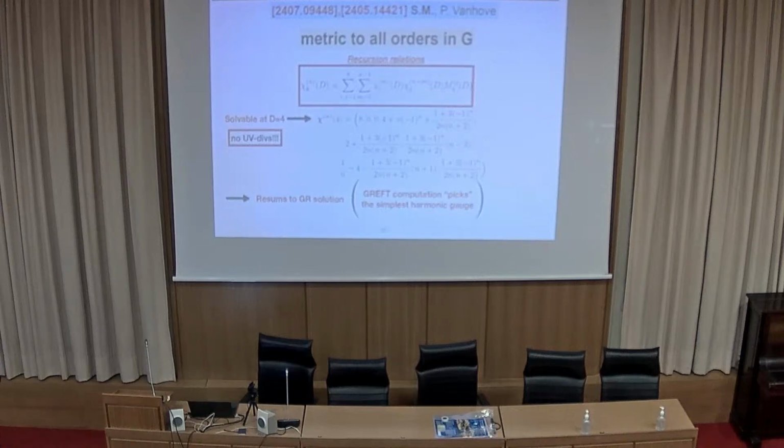So I think one question. Just maybe next question. Okay. I don't really understand what is the motivation to calculate something to all orders in G. Maybe this is naive. Conceptually I can see it.